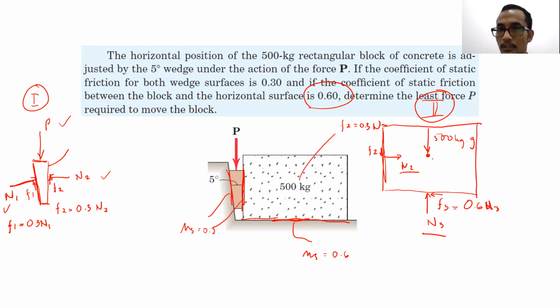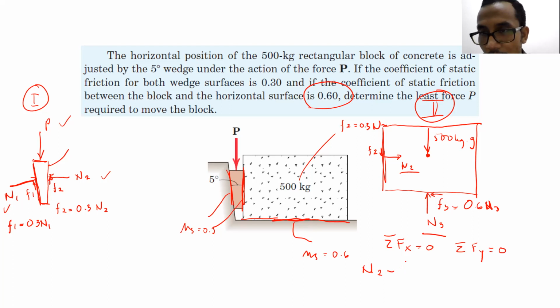So the weight is known, so we can solve the problem using sigma Fx equal to 0 and sigma Fy equal to 0. If we use sigma Fx equal to 0 first, then what we will have here is N2 minus F3 equal to 0.